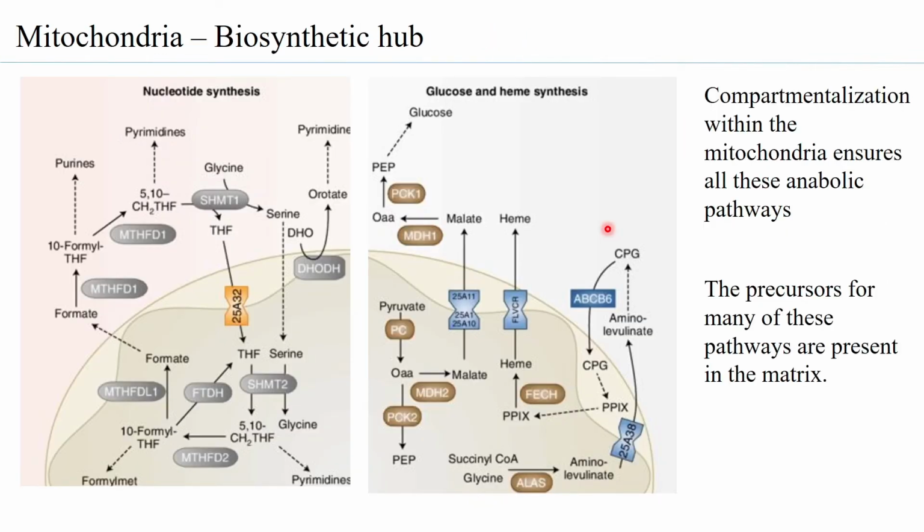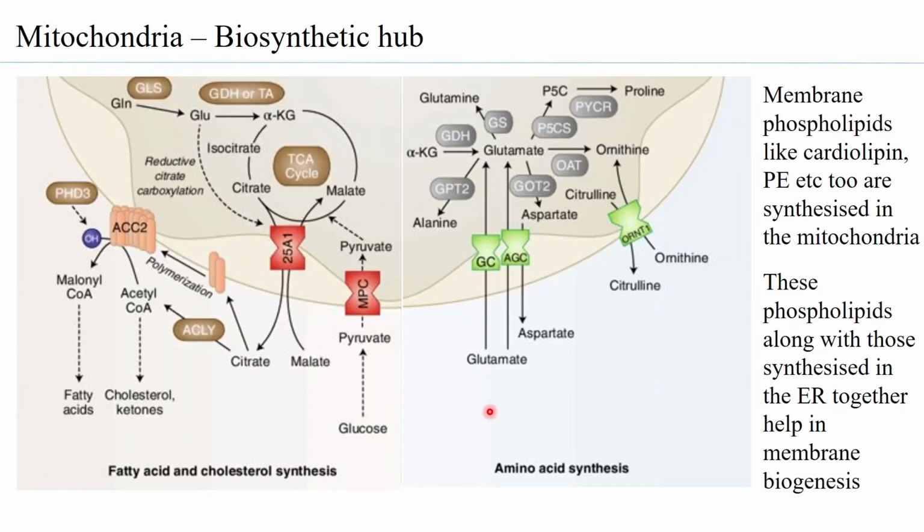Now, mitochondria, apart from synthesis of ATP, is a biosynthetic hub. So you can see that you have nucleotide synthesis, you have glucose and heme synthesis. The mitochondria ensures that many of these anabolic pathways happen within the mitochondria, and the precursors of many of these are present in the matrix itself.